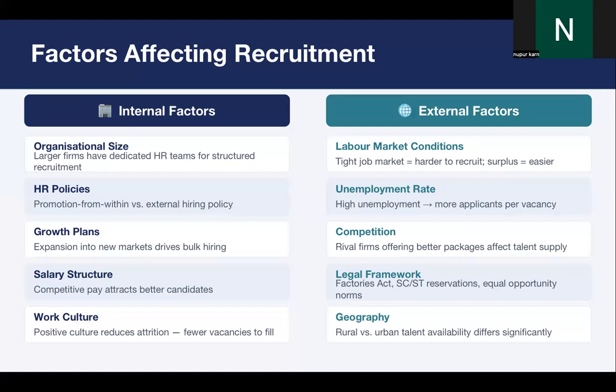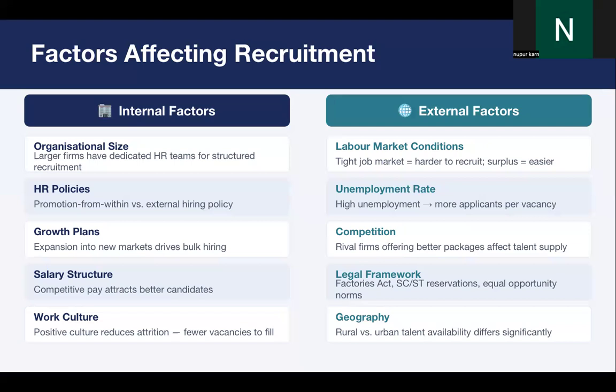Sometimes it happens that you are only looking for a few posts, just a single or two or three posts, and then the recruitment strategy will be different. But if you are expanding in the market and going for bulk hiring, in that case you will have a structured hiring process. So it depends on the growth plans of the organization.